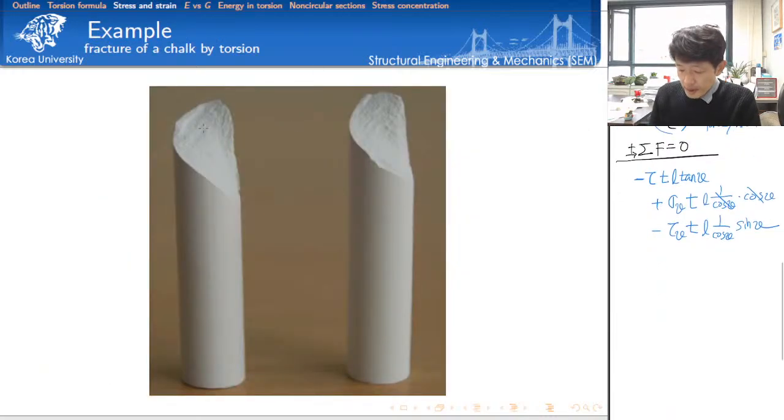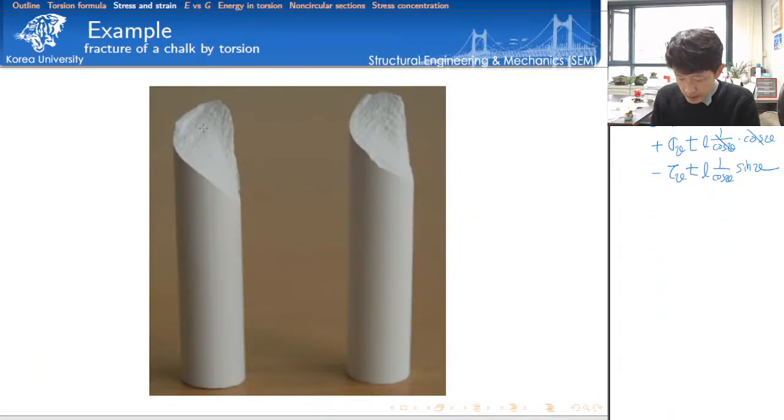So which means, let's imagine that we have a chalk. Maybe I think you did the trick before, right? If you apply the twisting moment to a chalk, 분필이죠, 분필. Then because of this, we have this shear stress development.